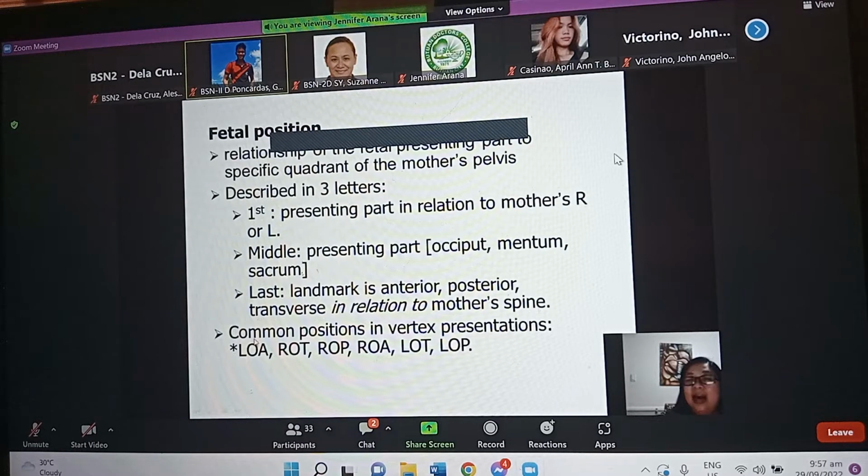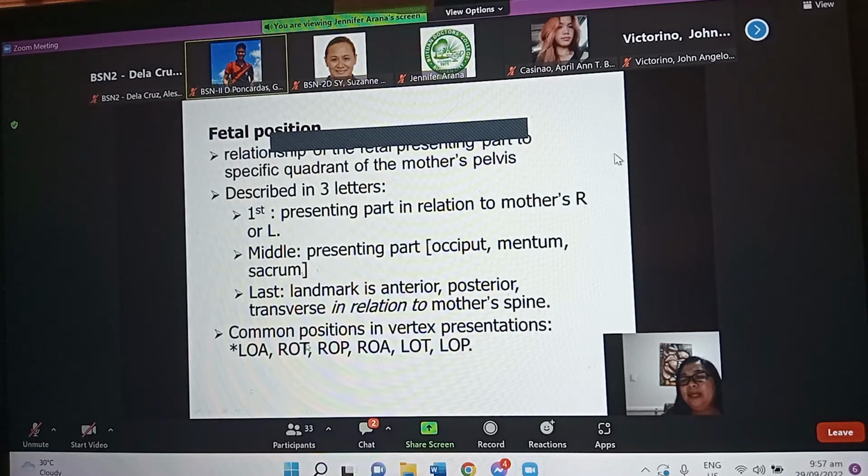Okay? Ang presenting part, occiput, or the head. Aside from being on the left side of the mother, the occiput is also resting on the anterior part of the mother. So that is LOA, or left occiput anterior.